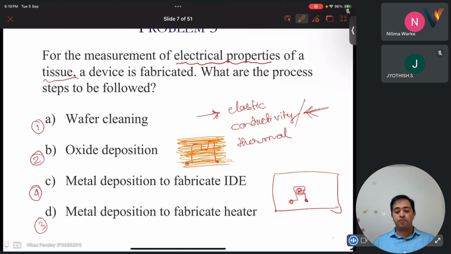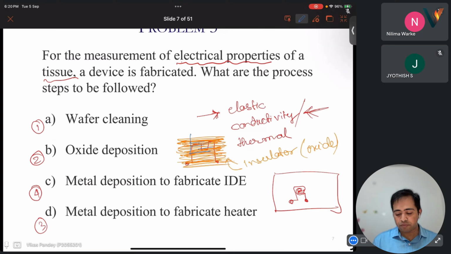To isolate it, what we are doing is putting an insulator, and in this case, generally oxide. Then on top of it, again we are creating our other structure by depositing metal and patterning it.